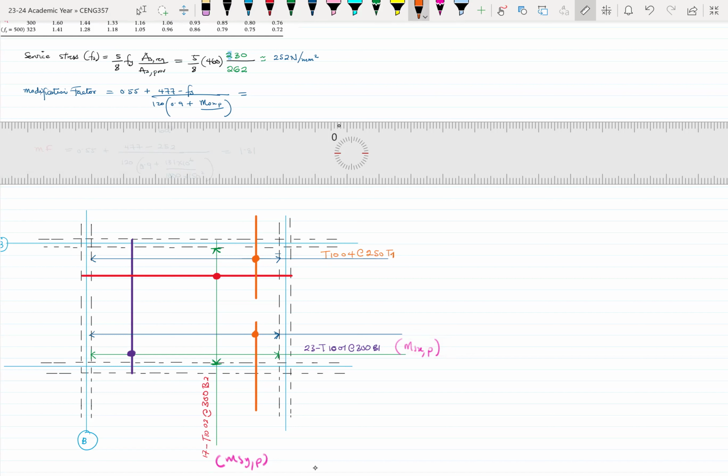And then how many would there be? If we divide 250, so let's say roughly about 7,000 divided by 250, and that'll give you about 28. So this is 28. And the same thing will also be here, 28, T10 bar mark 04 at 250 T1.